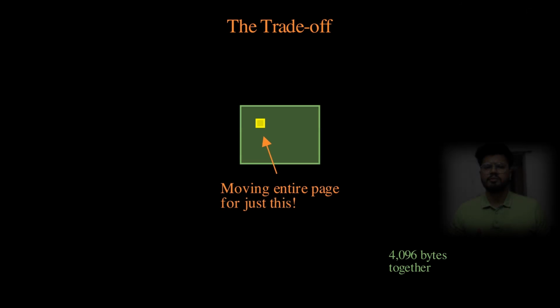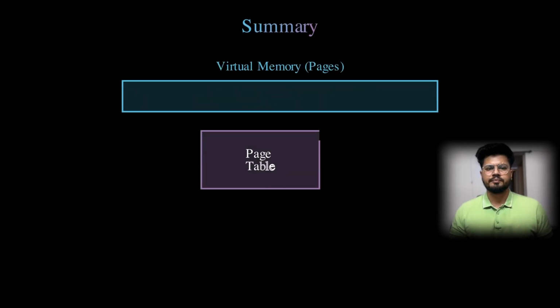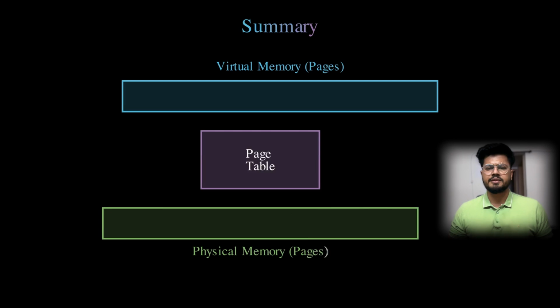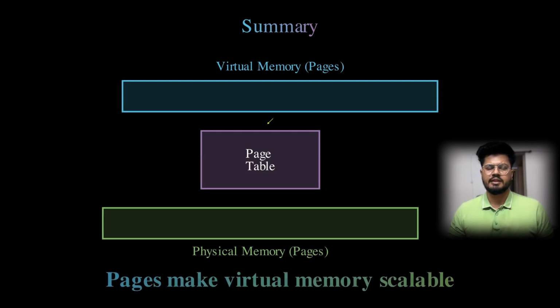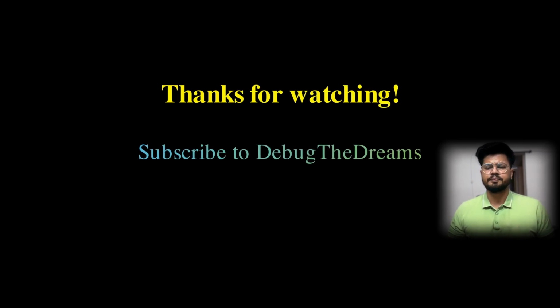That trade-off is what makes modern operating systems possible. Virtual memory is divided into pages. The page table maps those pages to physical memory pages, and that is how address translation becomes scalable. Paging makes virtual memory practical, and without paging, modern computing simply wouldn't work.